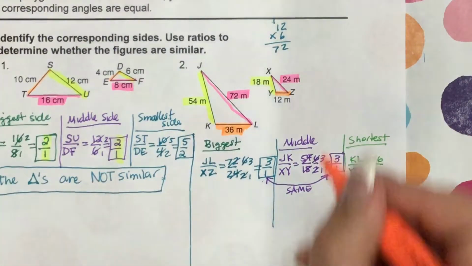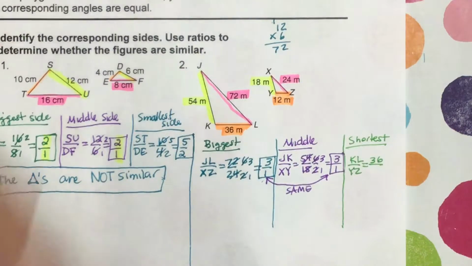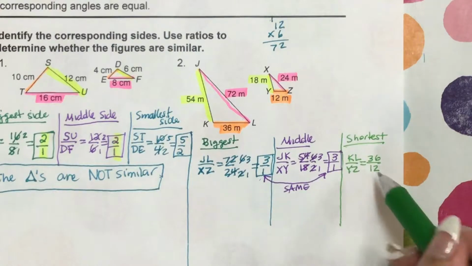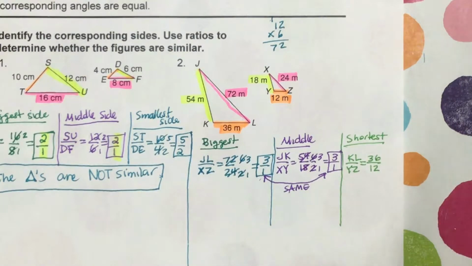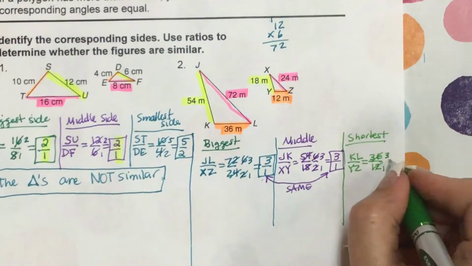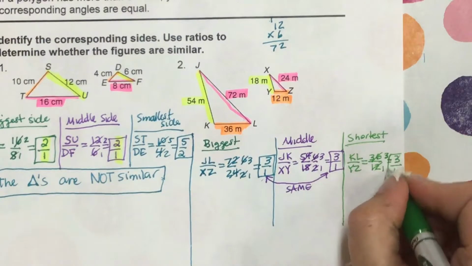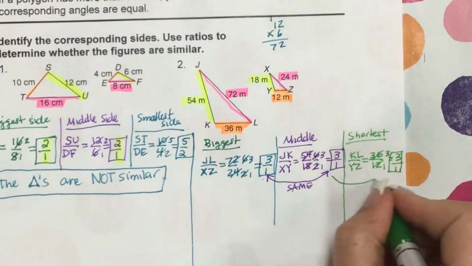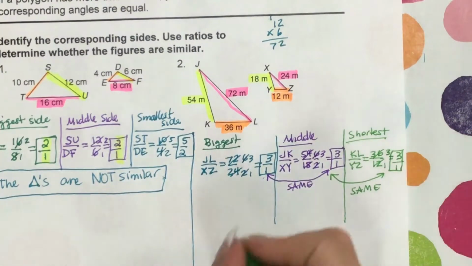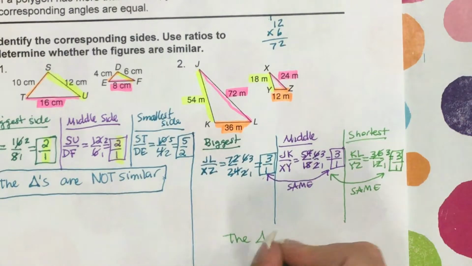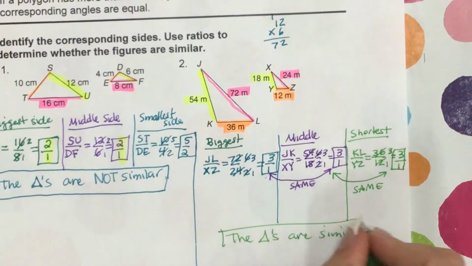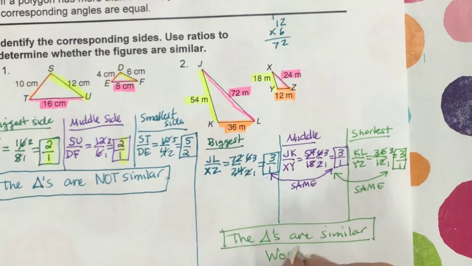And then the side for YZ would be 12. So 36 over 12. Well, when I look at this, I know that 12 goes into both of these numbers. 12 goes into 36 3 times, and 12 goes into 12 1 time. So there we have it. We have our ratio, which is 3 over 1, which is the same. They're all the same. So that means that these two triangles are similar. So we can say the triangles are similar. Okay? And then we can add a little woohoo for good measure.